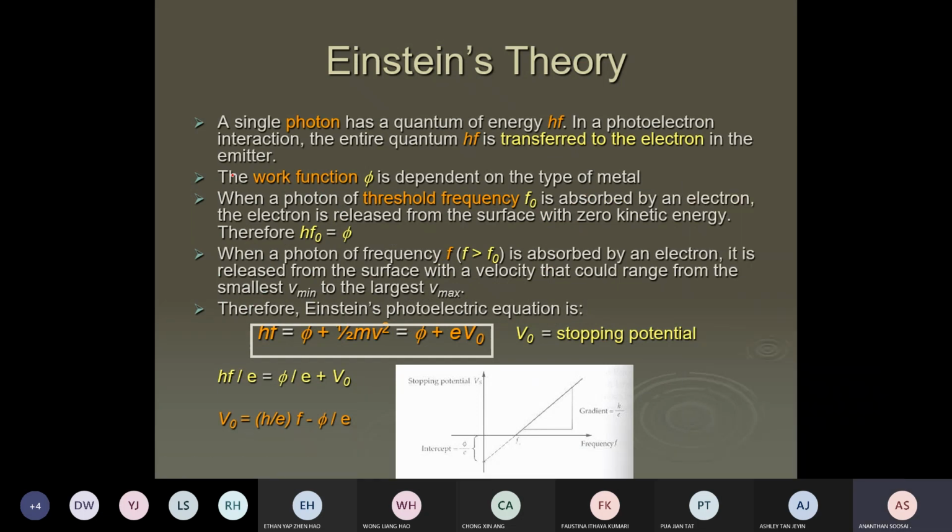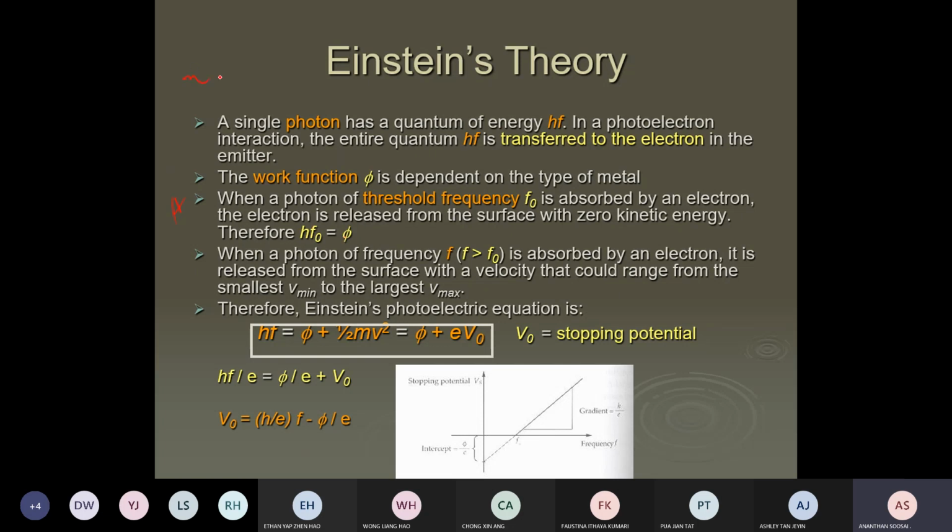So yes, read through here. The work function phi depends on the type of metal. When a photon of threshold frequency f0 is absorbed, the electron is released from the surface with zero kinetic energy. What the third point is telling us is that hf0 is actually the work function.